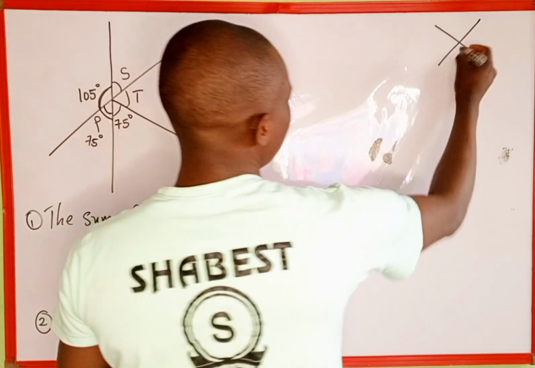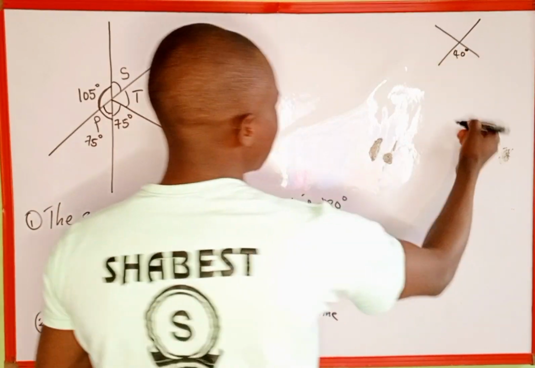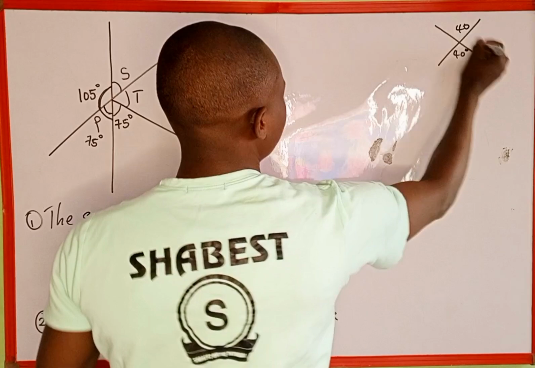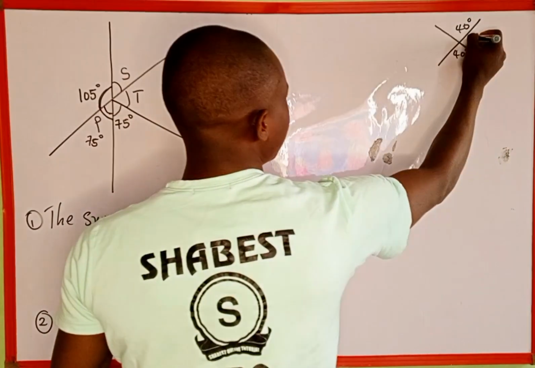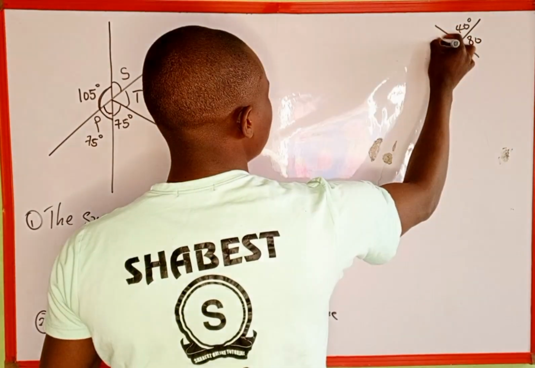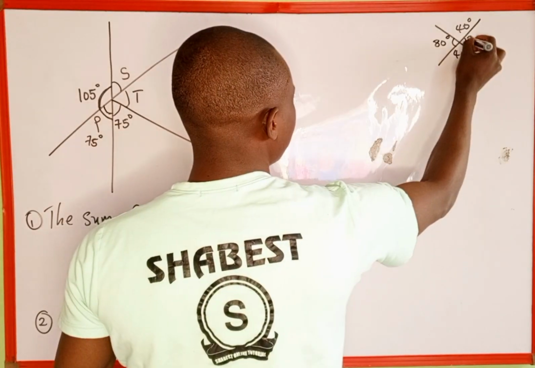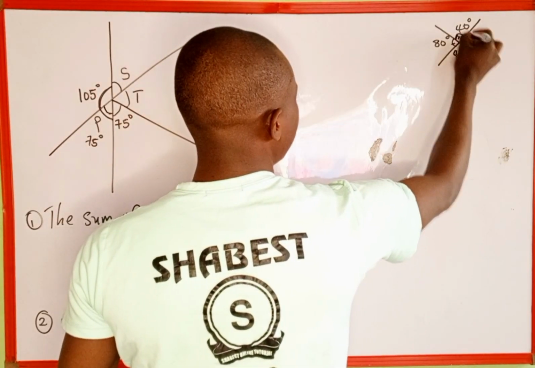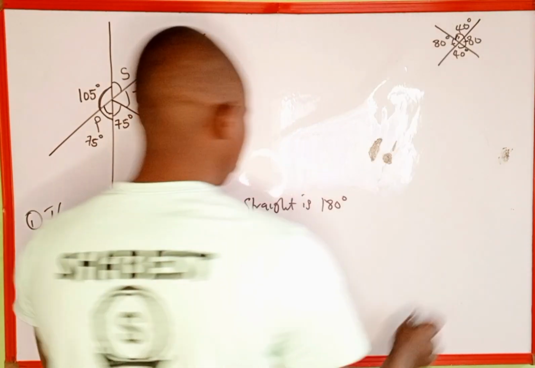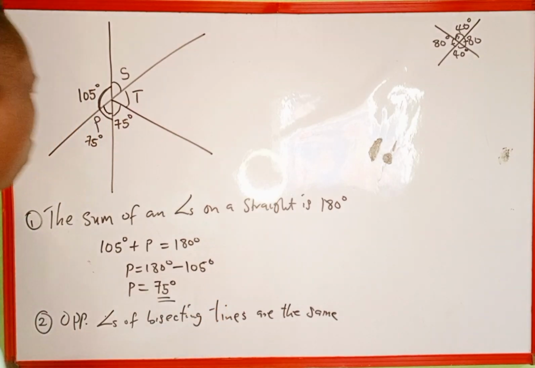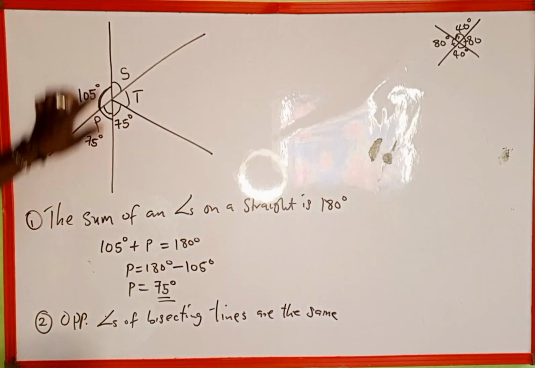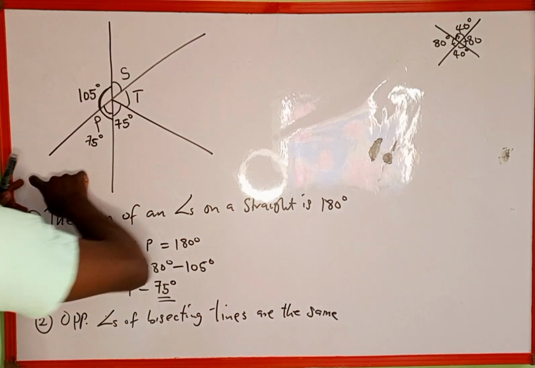That means if the angle here is 40 degree, for instance, the opposite here is the same as 40 degree. If the angle here is 80 degree, the opposite is going to be the same as 80 degree. So these two angles, they are opposite to each other, and according to this theorem, they are the same. So now, if you look at this, we have this line, then another line is crossing.